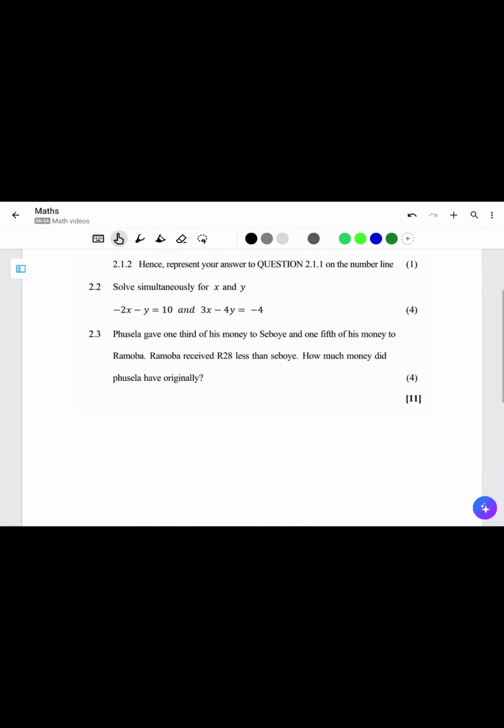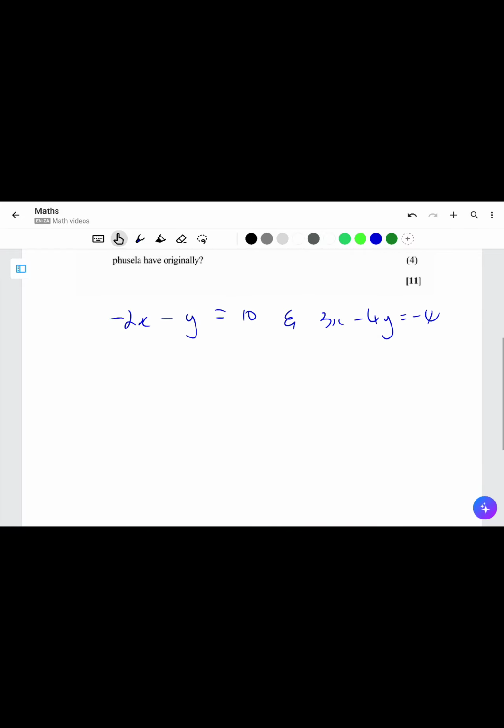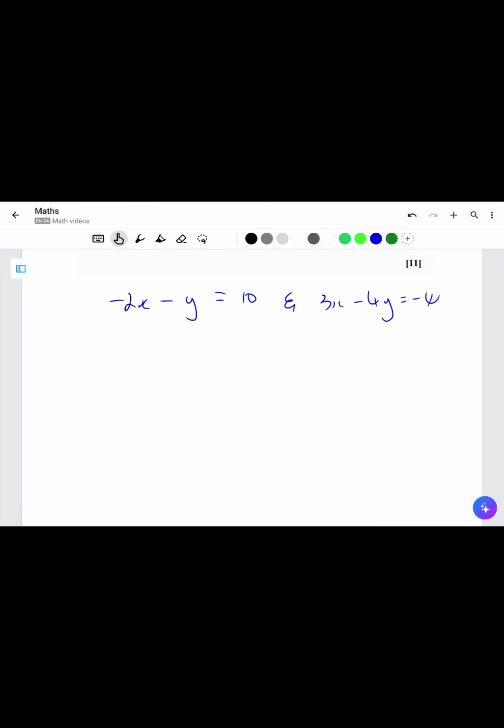Okay, let's have a look at it. I'm going to rewrite it now. So we're going to say minus 2x minus y equals 10, and 3x minus 4y equals -4. Right, guys, let's get into it.